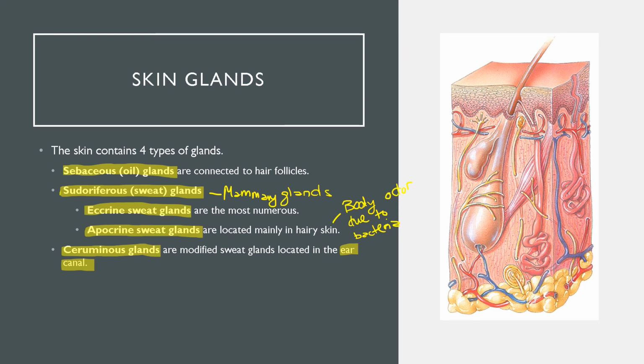The combined secretion of the ceruminous and sebaceous glands is a yellowish material called cerumen. We also know this as earwax. Now, cerumen is going to waterproof the ear canal, and it also prevents bacteria and fungi from entering the cells.